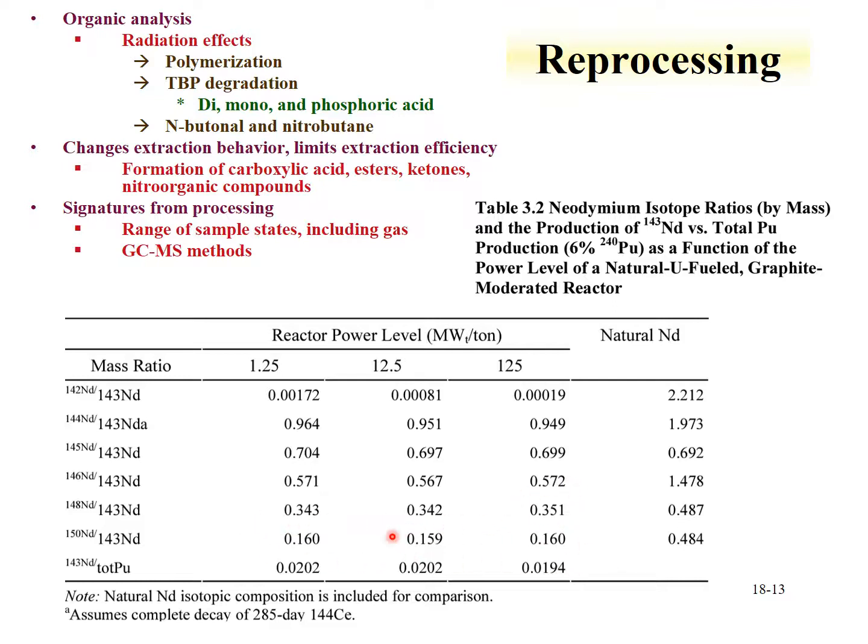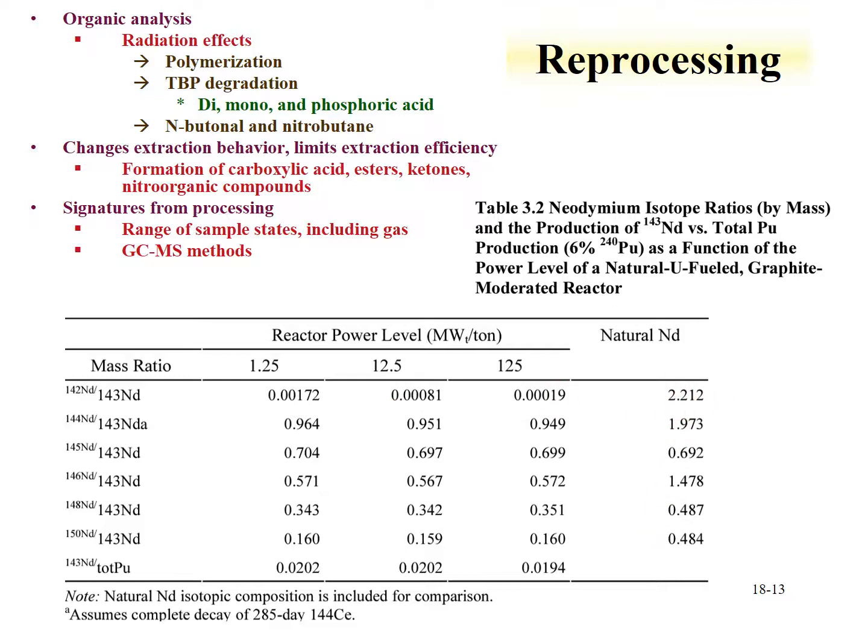For instance, over this entire 2 orders of magnitude range, the isotopic ratio between the neodymium-150 and the neodymium-143 doesn't vary much. But what one could see, if we looked at the ratio of the neodymium, is information related to the isotopic ratio due to the reactor and the isotopic ratio due to natural neodymium.